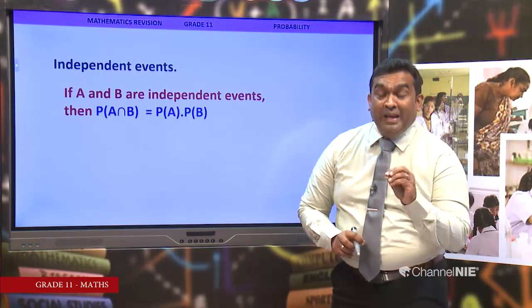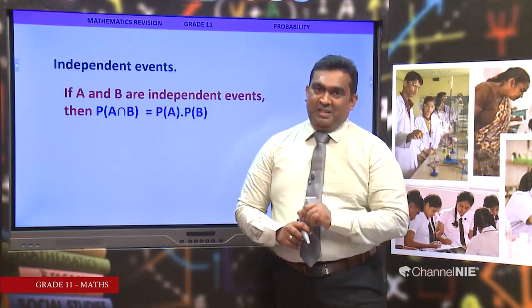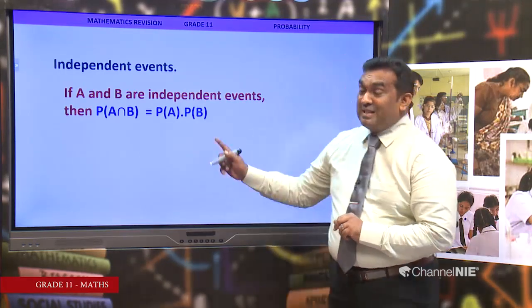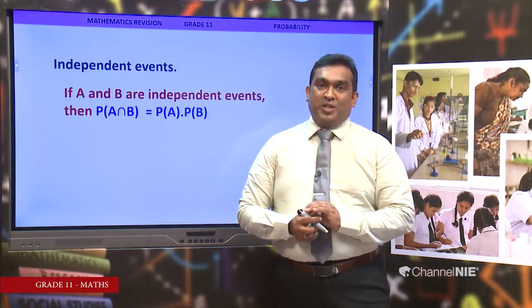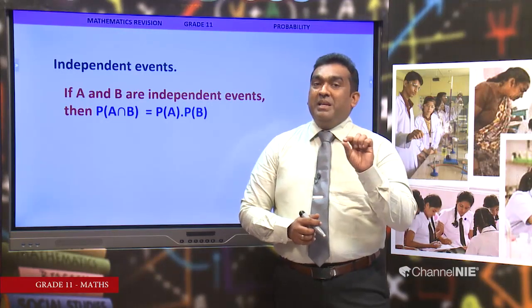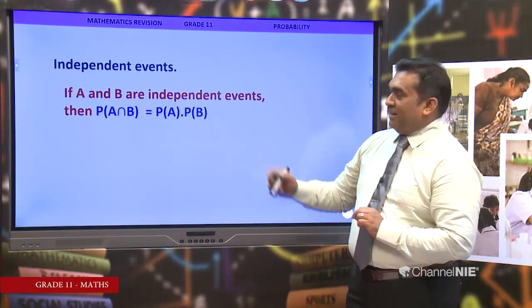The probability of A should be multiplied by the probability of B. Right? This is the compulsory condition of A intersection B when A and B are independent events.